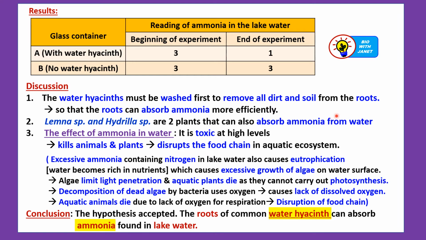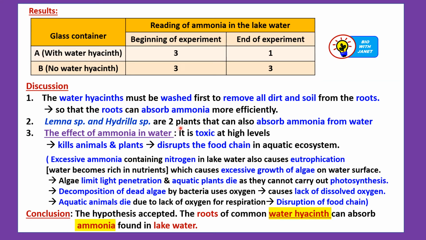And secondly, what are 2 plants that can absorb ammonia from the water? So apart from water hyacinth or Eichhornia crassipes, we can also use Lemna species, another type of water plant that floats on the water surface, and Hydrilla species, which is a submerged plant, lives inside the water.